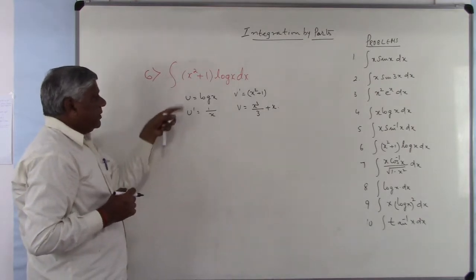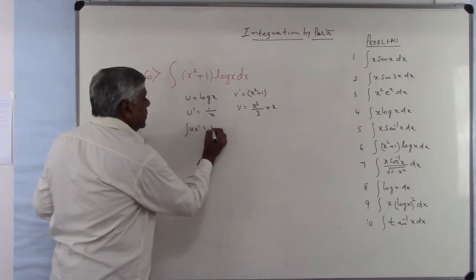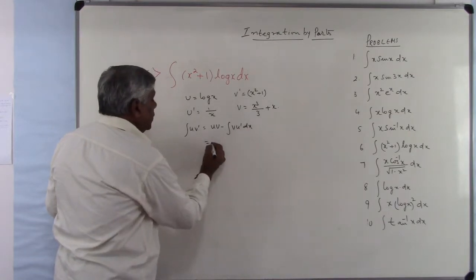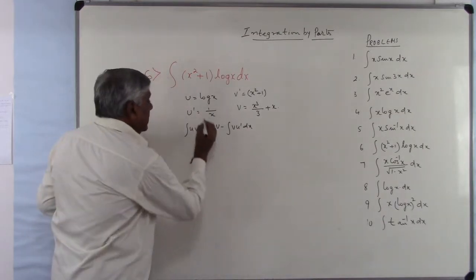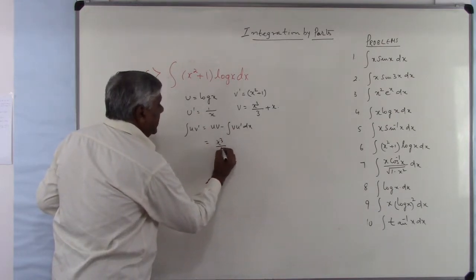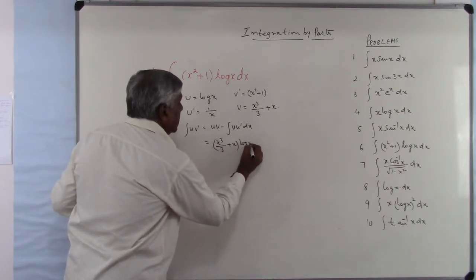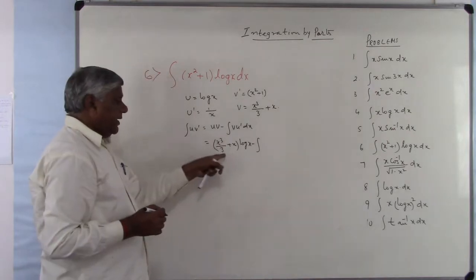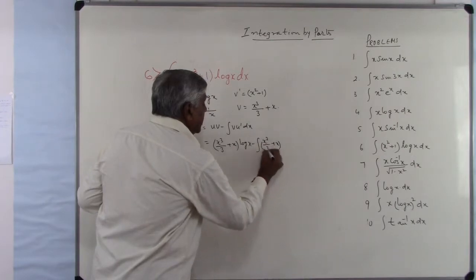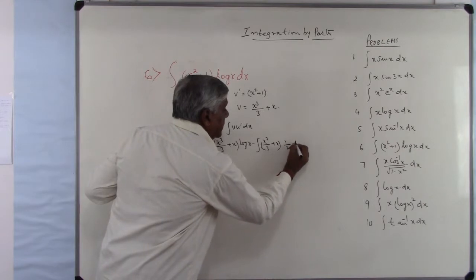Now we will see, the integral of uv dash is equal to uv minus the integral of vu dash dx. So u is what? Log x. So uv is x cubed by 3 plus x into log x, minus the integral of v, which is x cubed by 3 plus x, into u dash, which is 1 by x, 1 by x into dx.